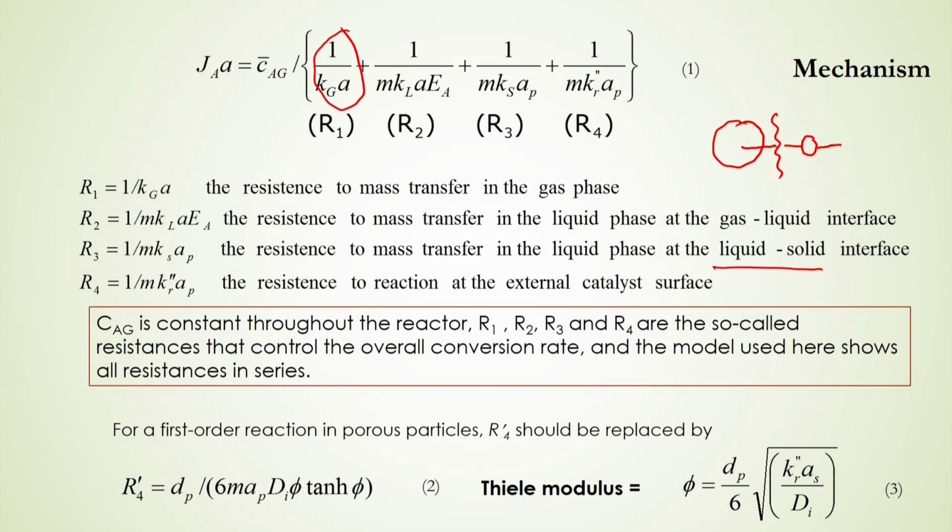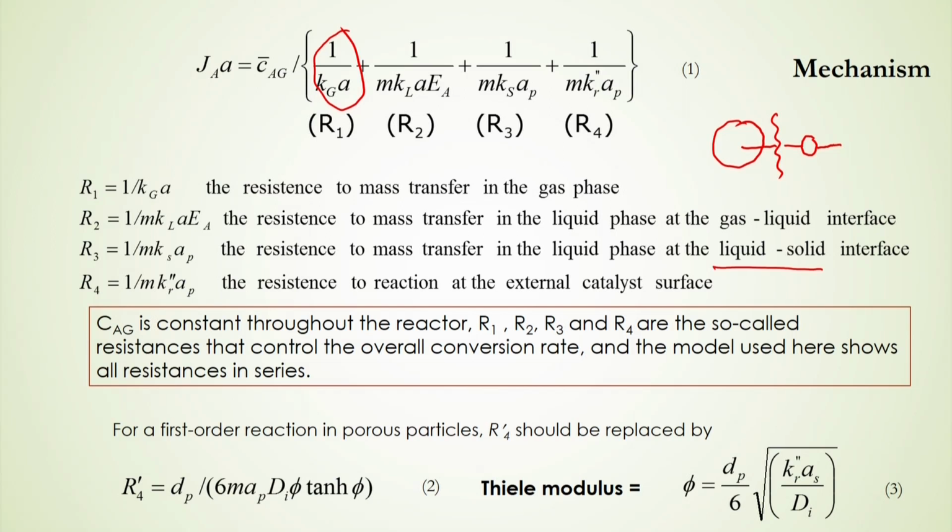For a first order reaction, you will see that generally in the case of porous particles, and some specific examples for that, the first order reaction, then R4 should be replaced by R dash 4 here.